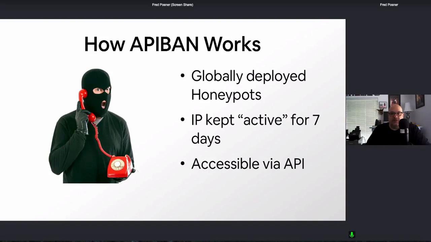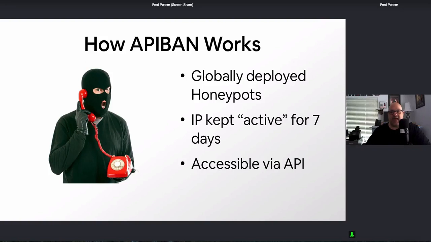So we use honeypots, which should never, ever receive SIP traffic. When detected, that IP address is kept in our system as active for 7 days. So an IP address hits us, we keep it as an active attacker for 7 days, and then it phases itself out. It can be re-added, sometimes within the minute, once the 7 days are over and it attacks again.